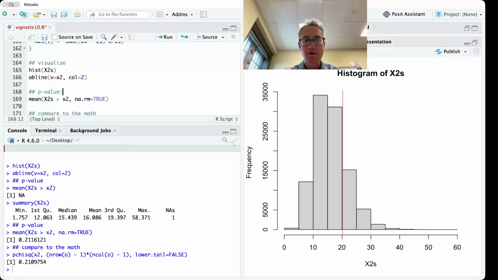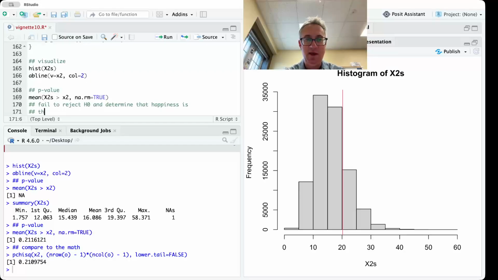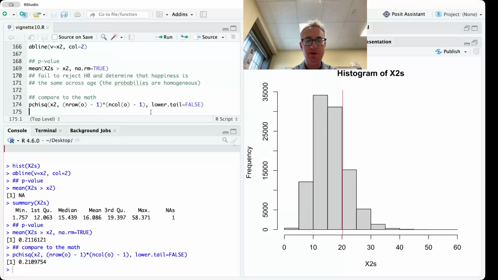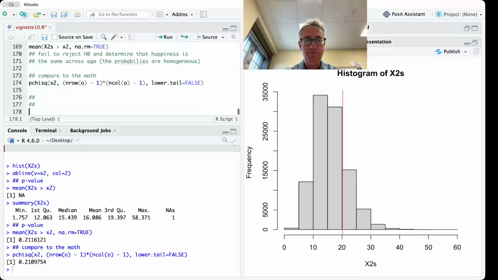So we would fail to reject the null hypothesis and determine that happiness is the same across age. In other words, the probabilities are homogeneous, which is why this is called a test for homogeneity.